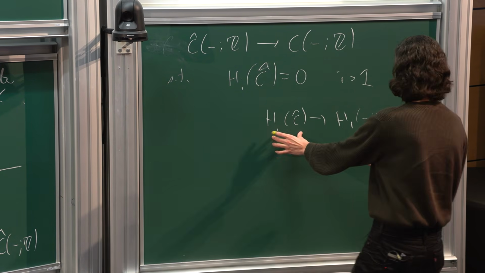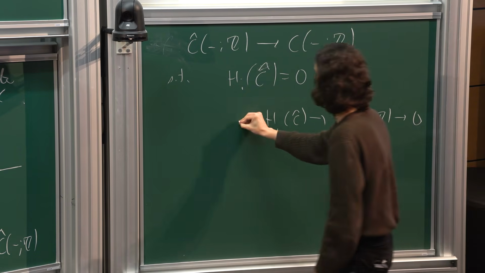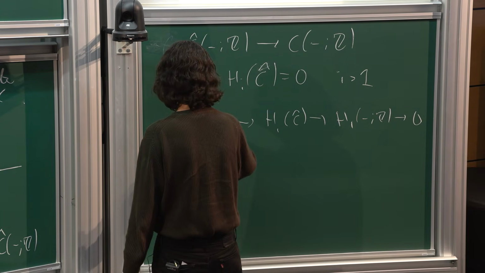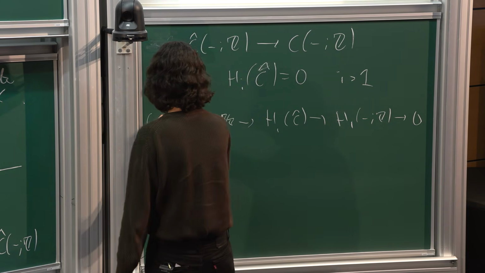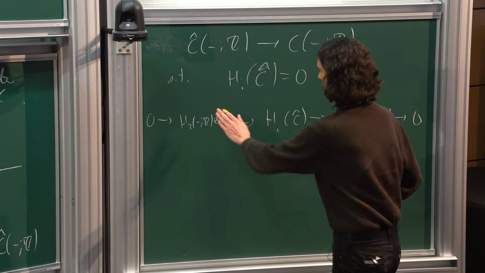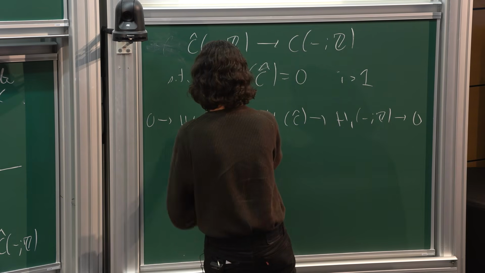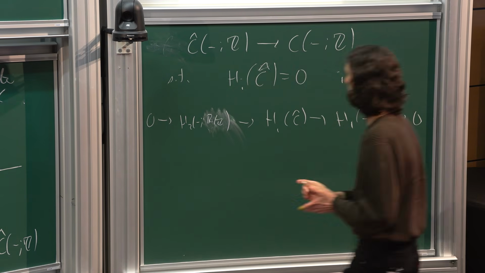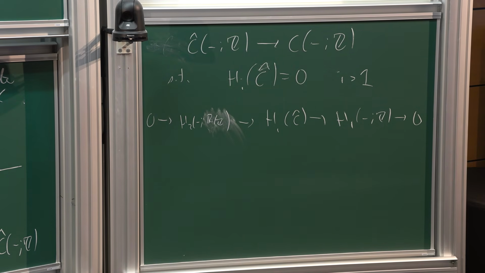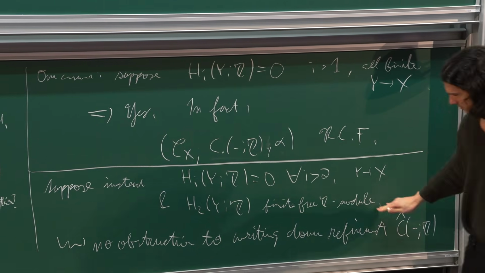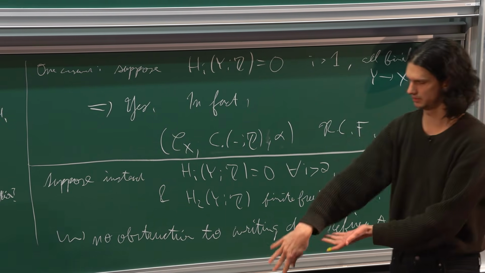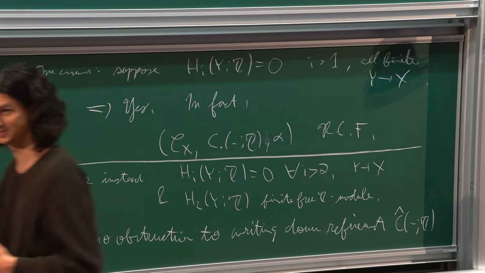So the H1 now is going to be an extension of the usual H1 by the H2 with coefficients in R mod Z. So you have an H2, which is some direct sum of Z's in degree 2, but you can bring it down to a direct sum of R mod Z's in degree 1.